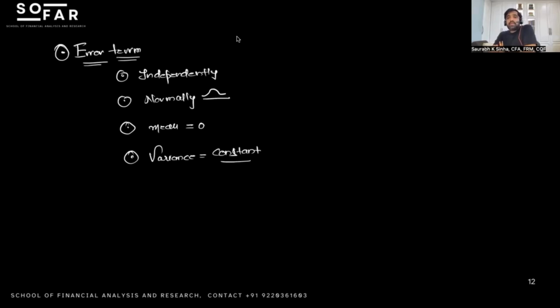So what time series is saying: do not respect the other assumptions, but you have to respect certain parts of the first assumption. And that is that the error term has to be independently distributed. I deleted the word normality: independent, mean equal to zero, and a constant variance.